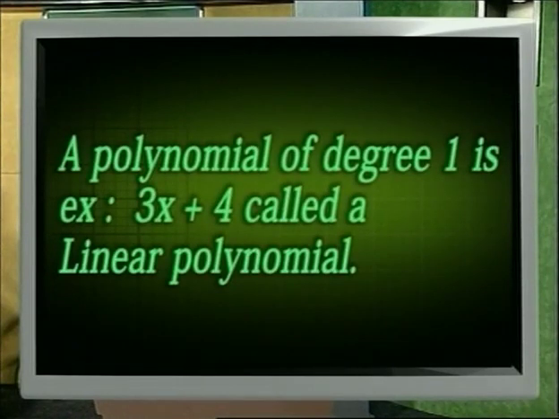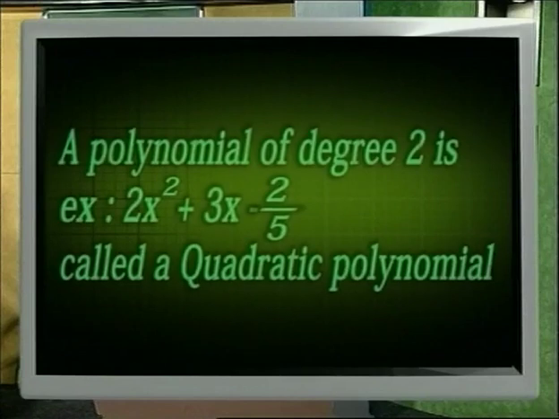So we define a polynomial of degree 1, that is 3x + 4, as a linear polynomial. A polynomial of degree 2, that is 2x² + 3x − 2/5, is called a quadratic polynomial.